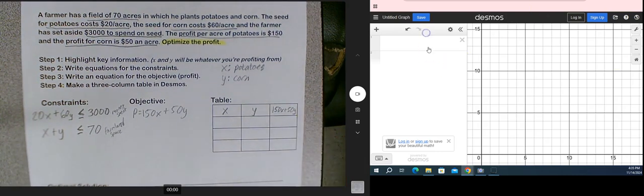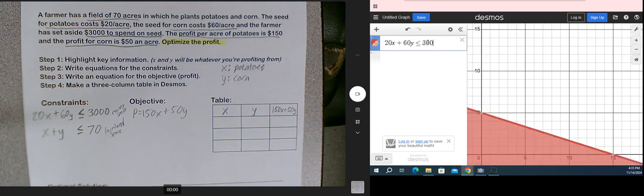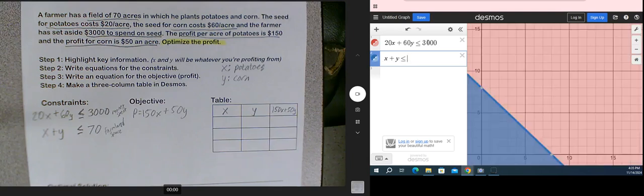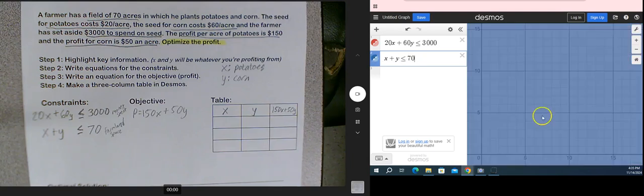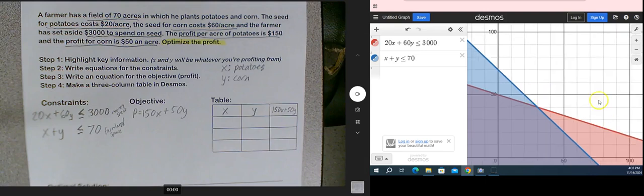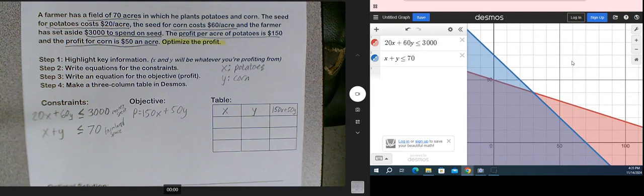Now this is where Desmos comes in, and this is why we're doing a double screen record. So I'm now going to type in my two constraint equations just like this. So now you can see that they're both kind of covering the whole thing, so I'm going to need to zoom out quite a bit. And you can see that we have this nice system of inequalities right here.